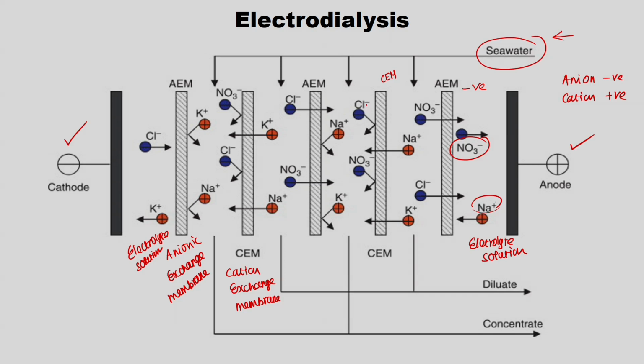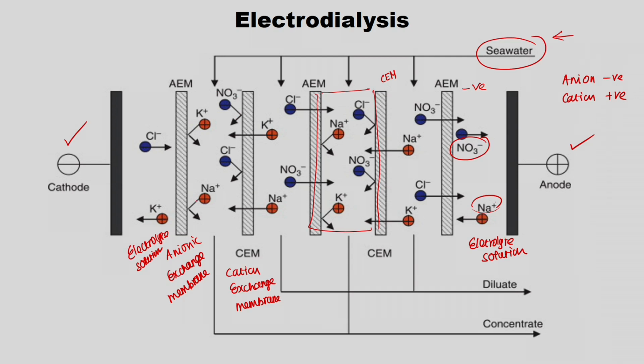Then it gets concentrated in this particular space. Why? Because when the cations move here, there is a cation exchanging membrane, and when the anion moves this side, it will not allow further. So, the Na plus and Cl minus get accumulated here. Then if you see the next compartment, the NO3 passes through the anion exchange membrane, and K plus and Na plus pass through the cation exchange membrane.